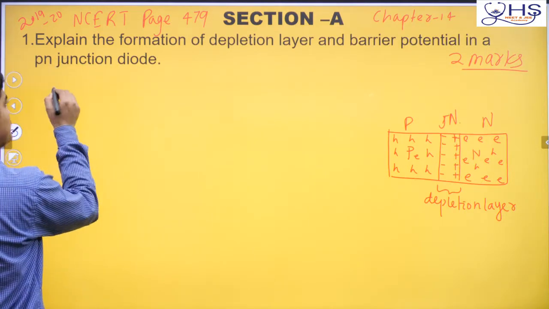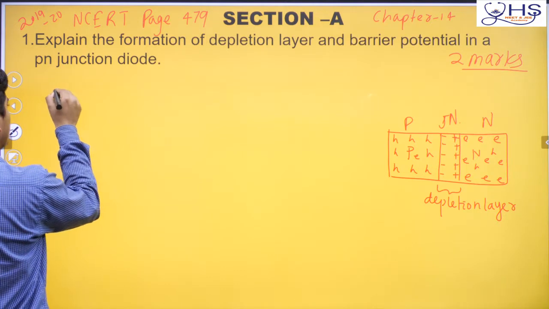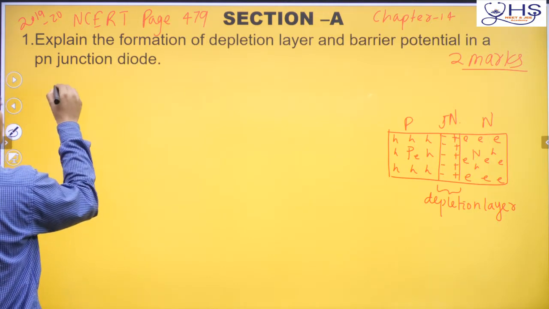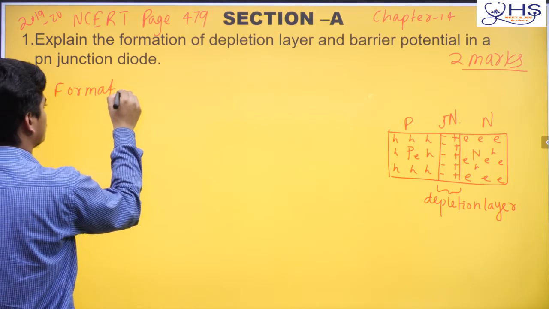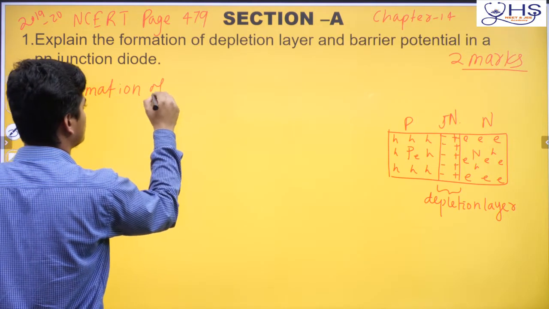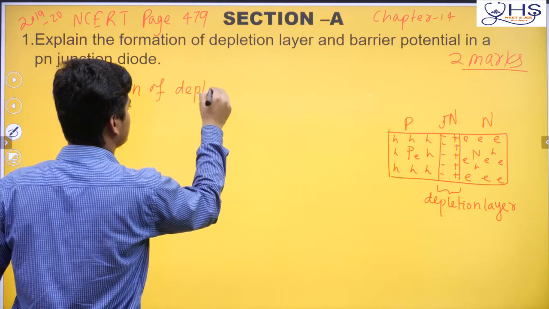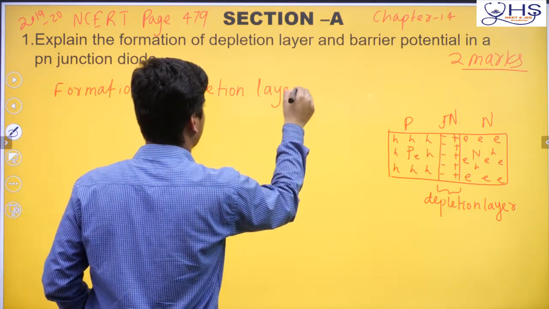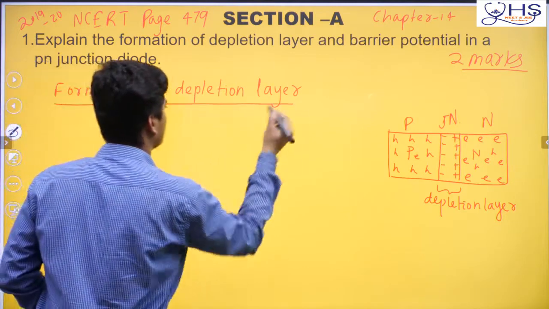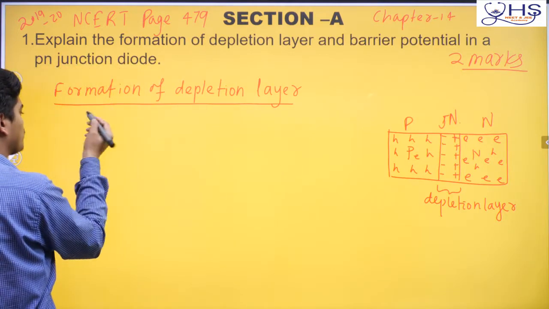Now see what I want to write here. The first point I'll write is the formation of the depletion region, or you can write layer. I want to tell how the formation of the depletion layer happens. So how is it forming? You can start from the electrons.